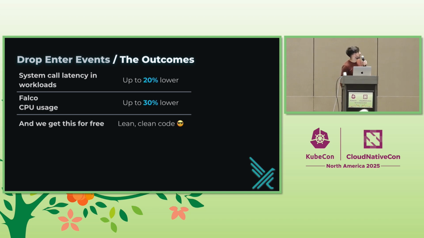This is, I think, a big result. And from a development point of view, what we got for free is that we now have leaner and cleaner code. Now the processing pipeline is way simpler, and so I would say that the development cycles will be faster.